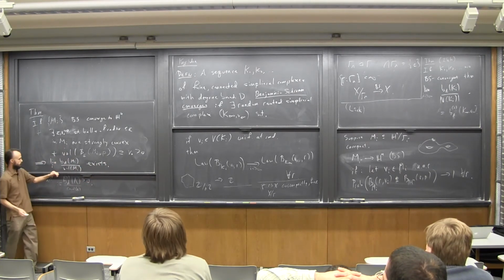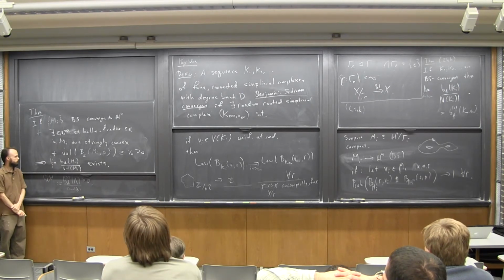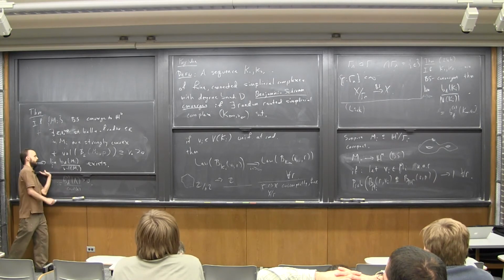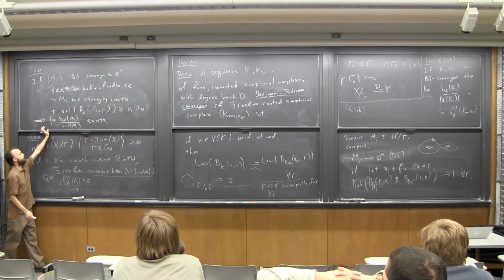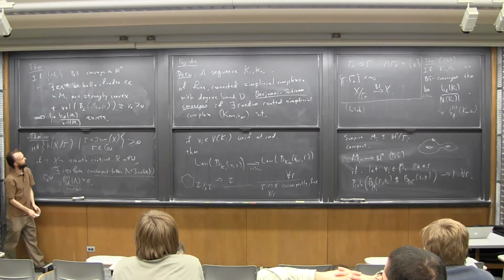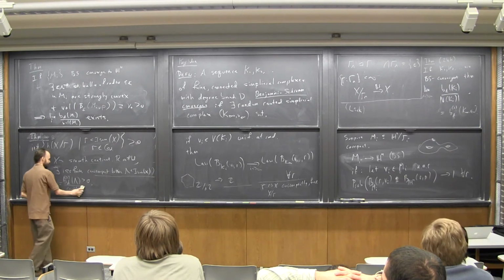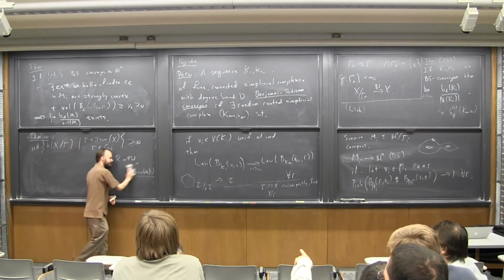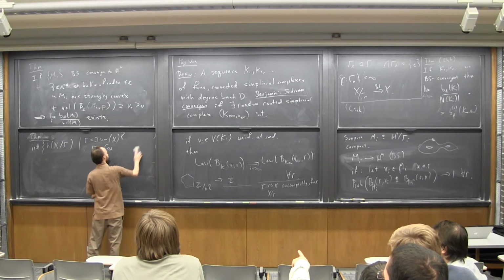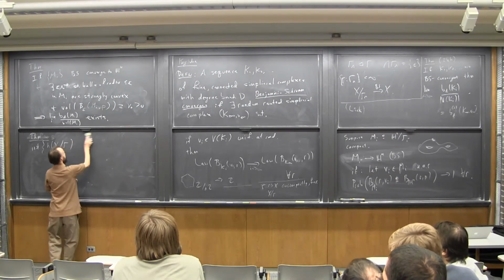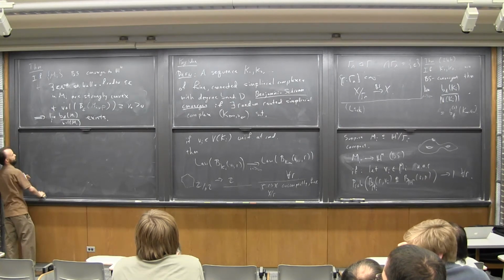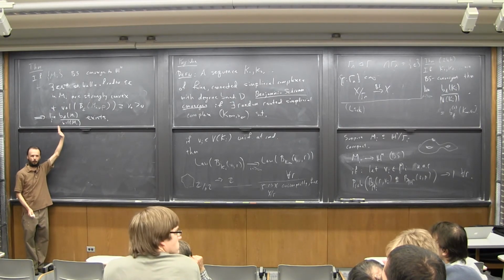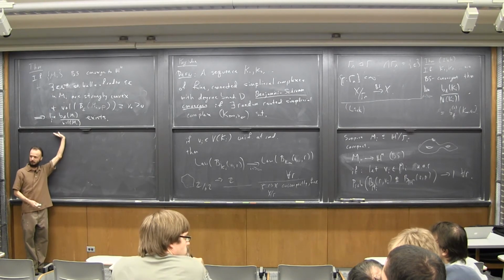And in fact, it'll have something to do with the L2 Betti numbers of hyperbolic 4-space. But it's not exactly clear what it will be, because we've normalized in a way that makes it unclear.